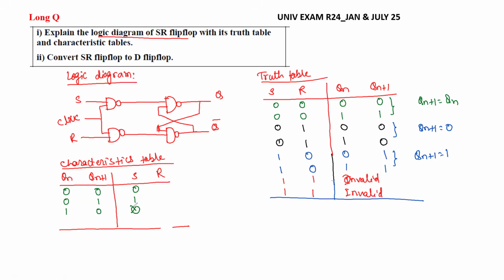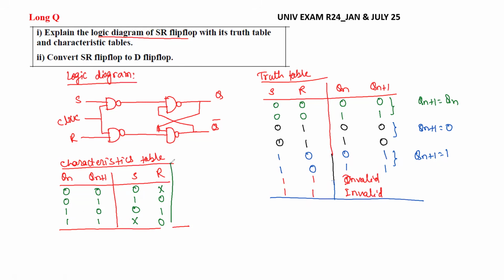S is 0. So in the case of 1, 0, this is 0. When it is 1, 1, then we have the don't care condition. So now what will happen? R is just the mirror image of this. So here it will be don't care, 0, 1, 0.